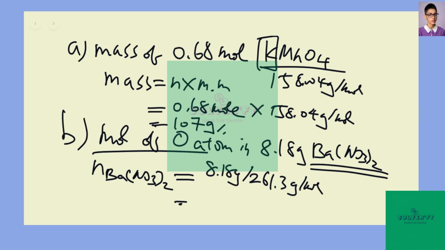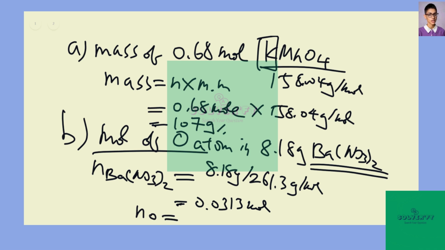So if we are going to find out the number of moles of that, it should be 0.0313 moles. Okay, but this is the number of moles of barium nitrate. We're looking for the number of moles of oxygen.